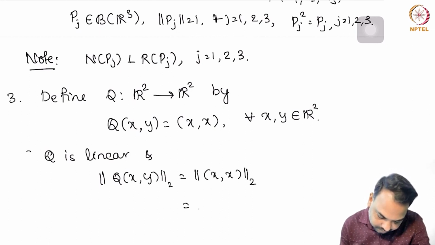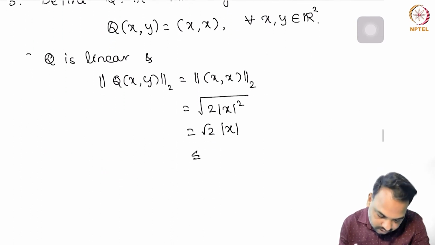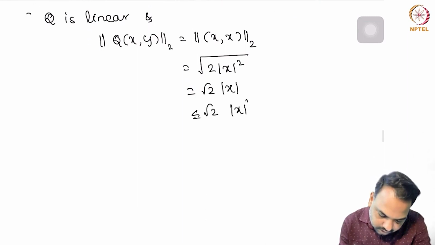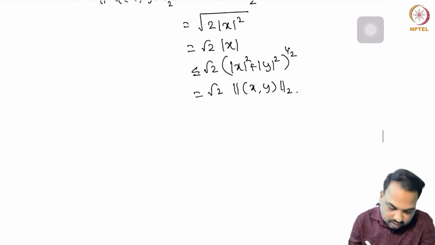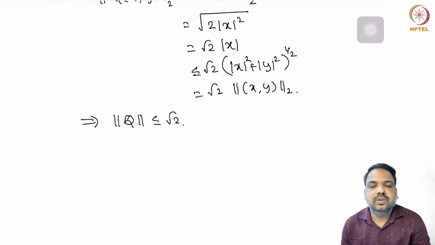This is square root of 2 mod x square, which is root 2 times mod x, and we know this is less than or equal to root 2 times mod x square plus mod y square power 1 by 2, that is root 2 times the norm of (x, y). So we can conclude that the norm of Q is less than or equal to root 2.